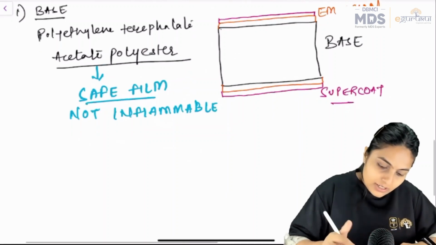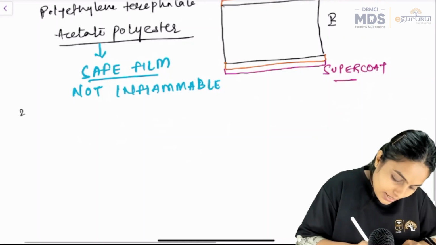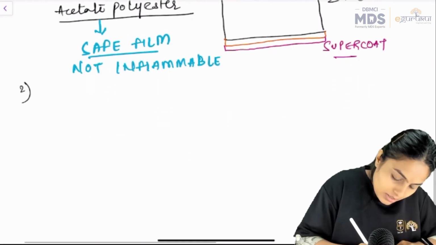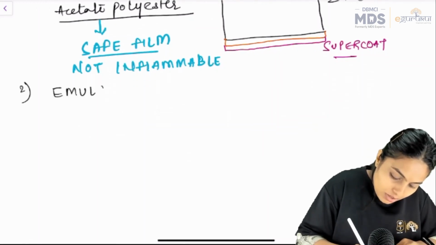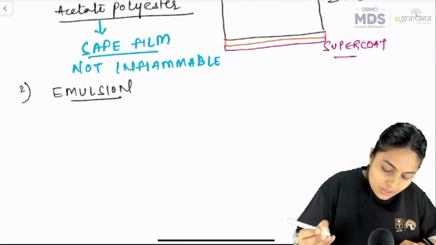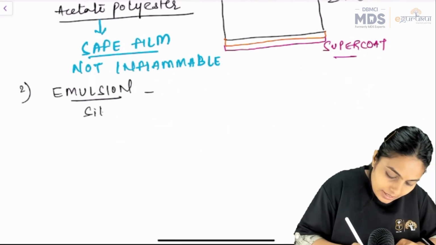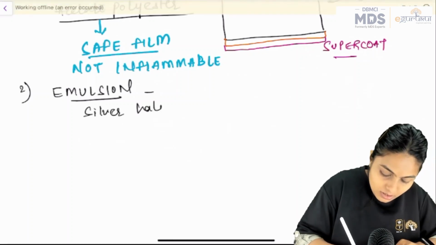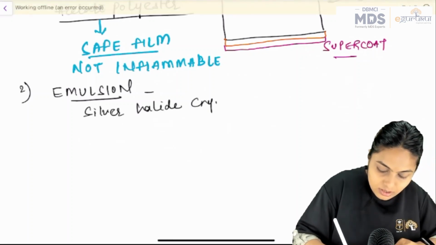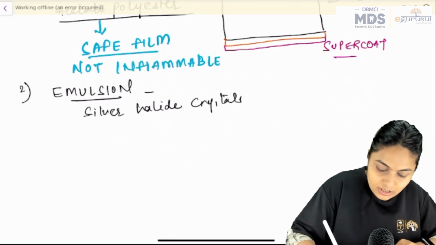Okay, next thing that we have, the second one, is the emulsion, which is very important. Emulsion is basically made of silver halide crystals suspended in gelatin.